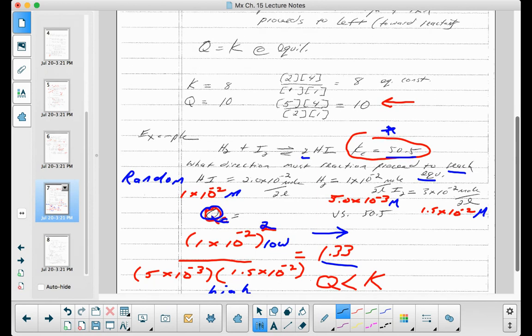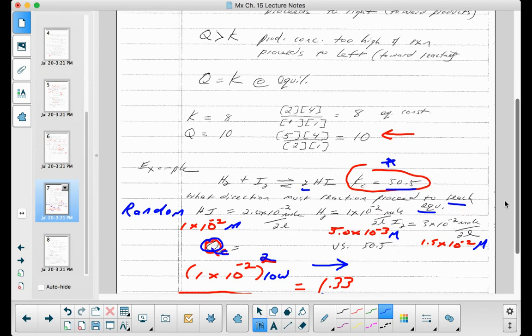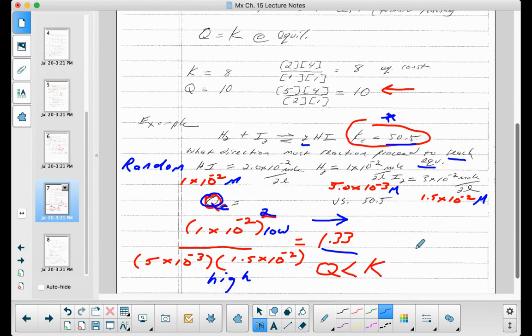And so if we look back up here at this little list I have for criteria, if Q is less than K, product concentration is too low, and your reaction will proceed to the right. Whereas in the other example, I said that it would proceed to the left.